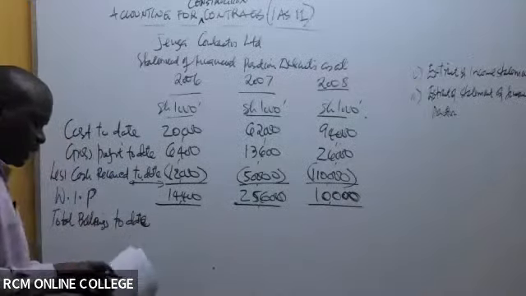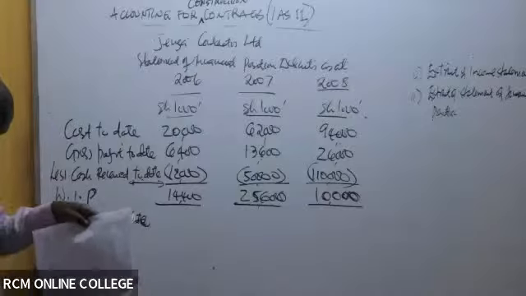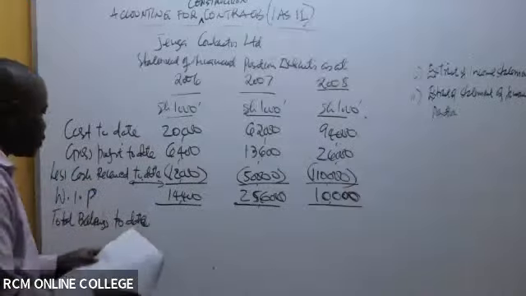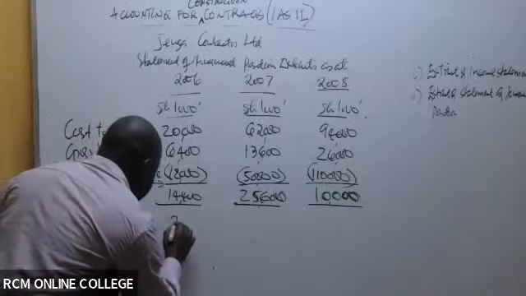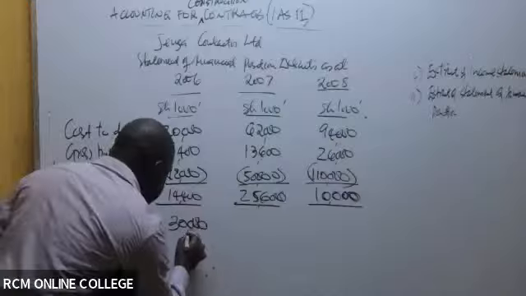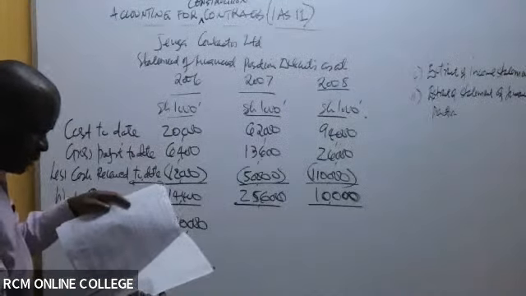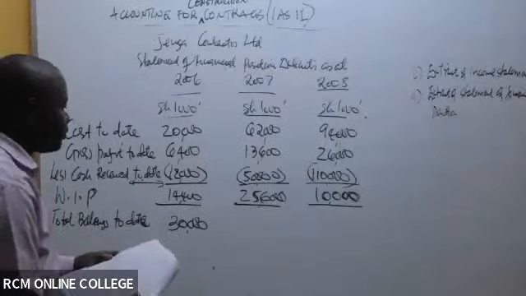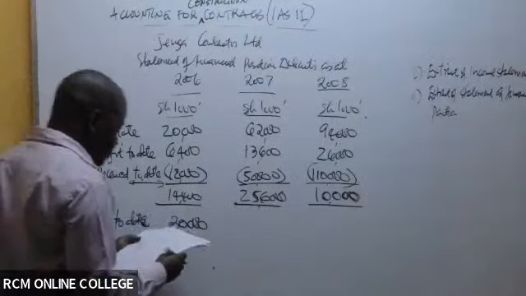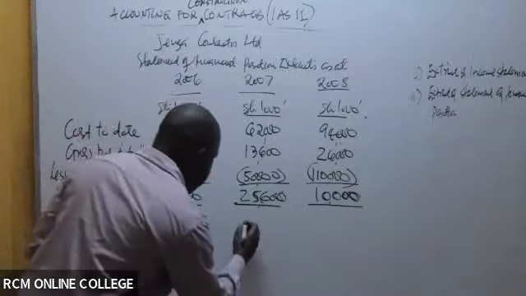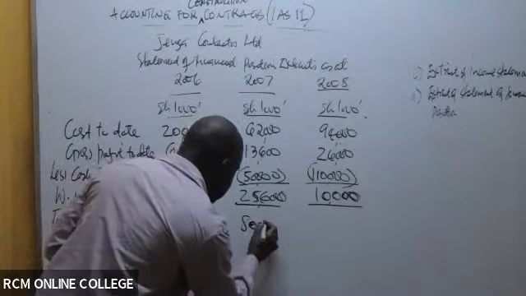And what have they given us in the question? In the question they have given us billing to clients. So billing to clients in the first year was 30 million. In the second year, billings to date will likely be 80 million.